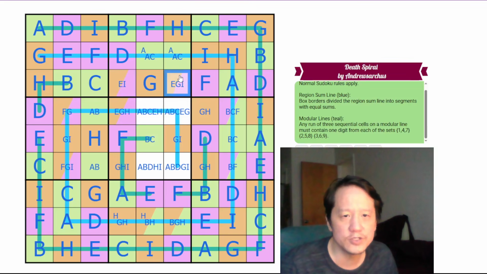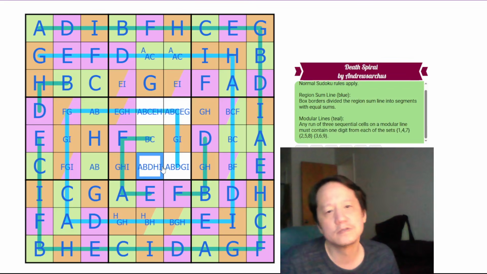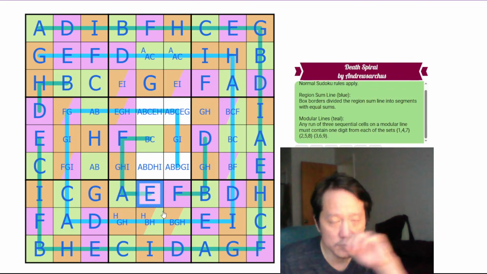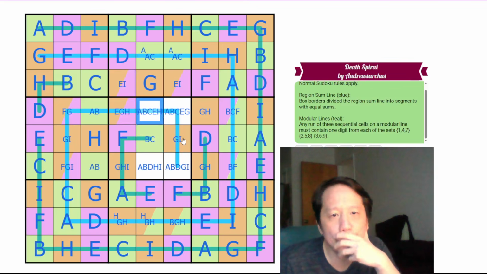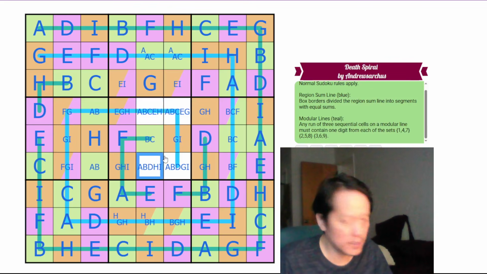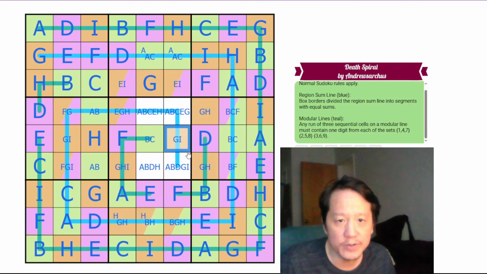This can't be G, it's E or I. This can't be G because it's G in the box. E is one of these two. That doesn't help us much. No I here because of I in the column. And no D here because of D in the column.